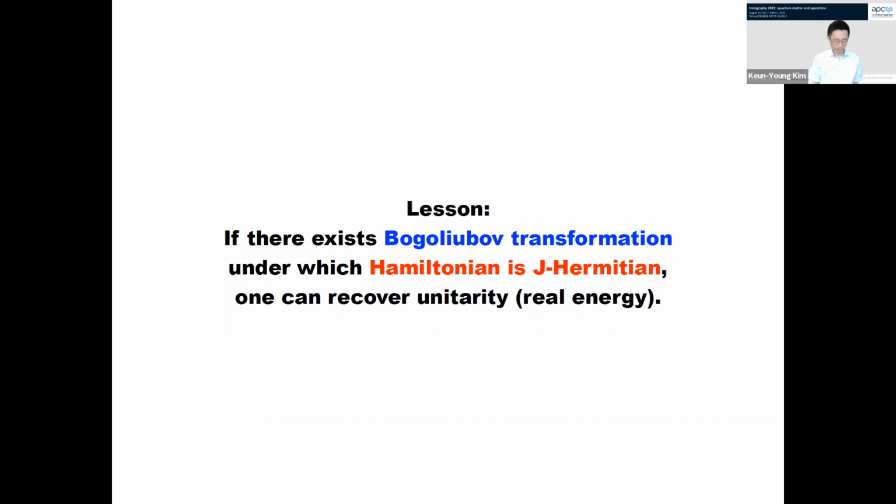But if there exists some group of transformations under which the Hermitian becomes the J-Hermitian, then you can recover the unitarity. Because this is a quadratic theory, I think real energy is enough to say that it's unitary.